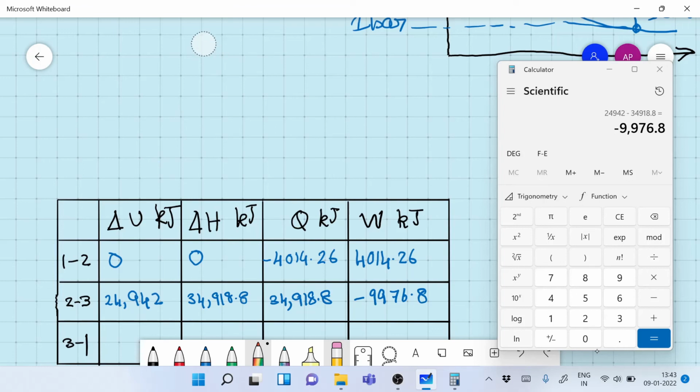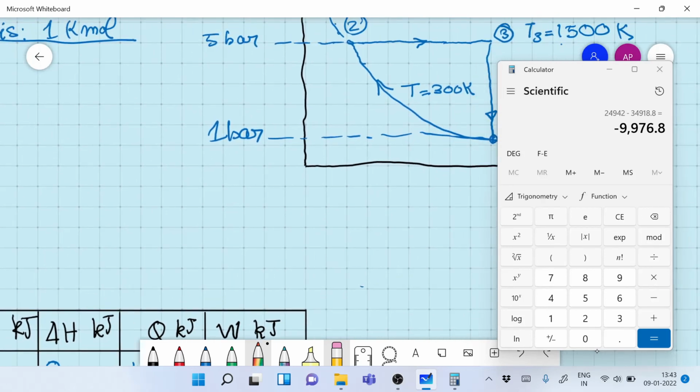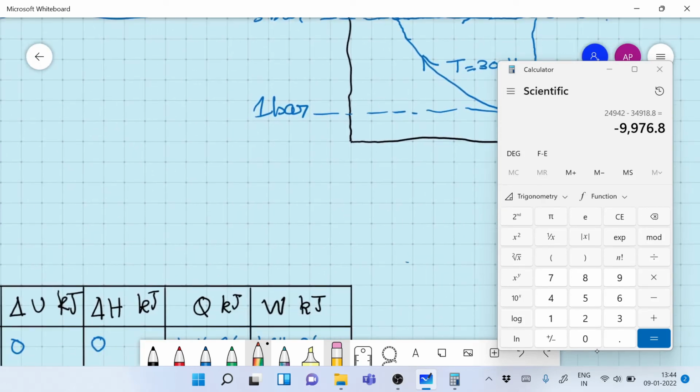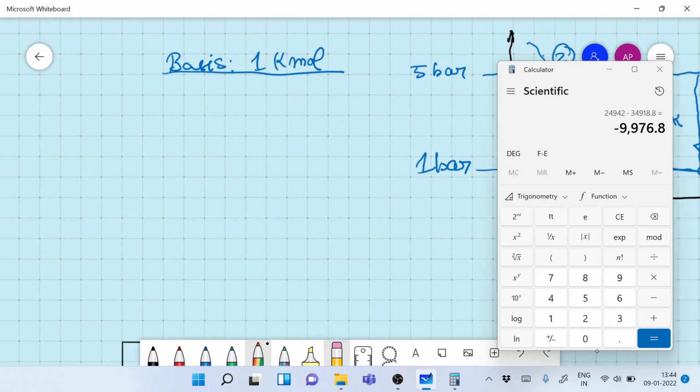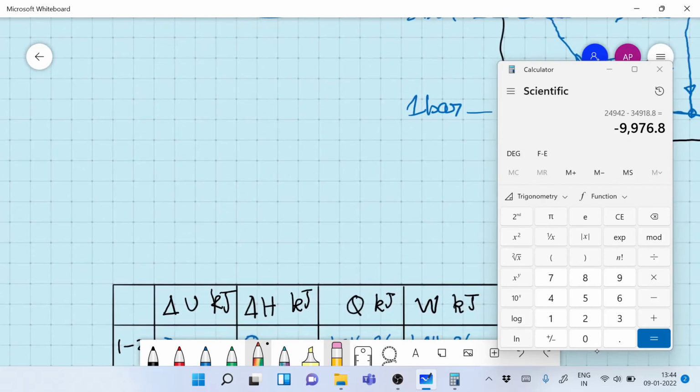Now we have to do the calculations only for the last process. The last process is a constant volume process from 3 to 1. Therefore, the change in internal energy for such a process will be equal to N into Cv into T1, which is the final temperature, minus T3.